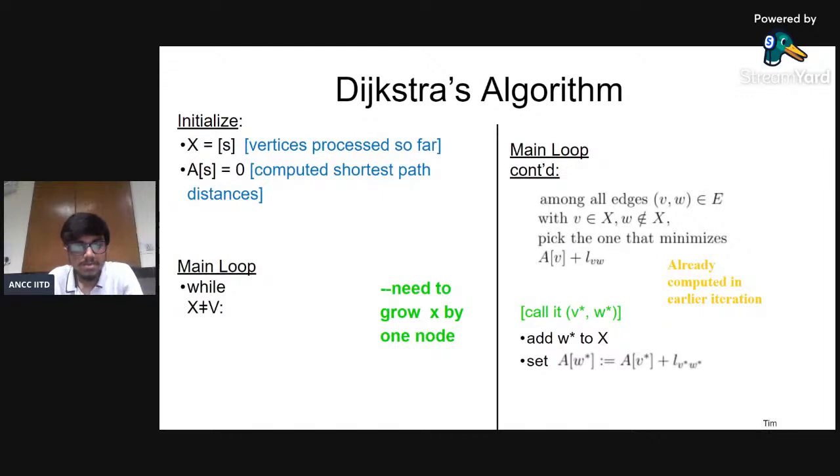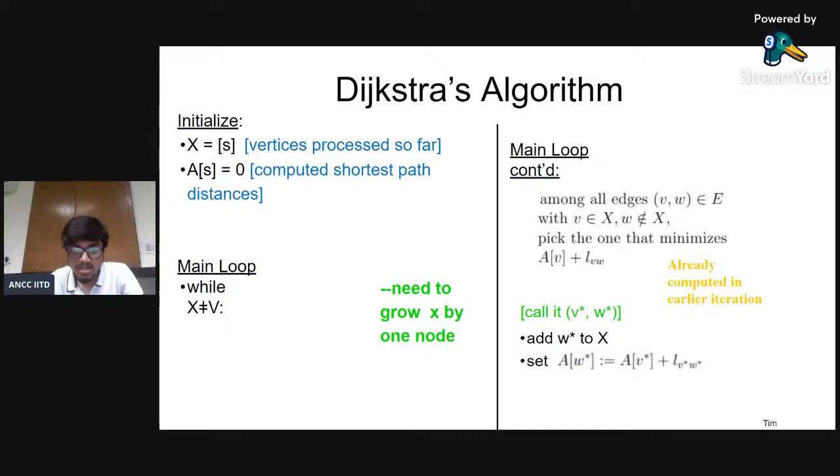Now I will just dry run on some example. Suppose the graph is something like this. This is the source vertex.